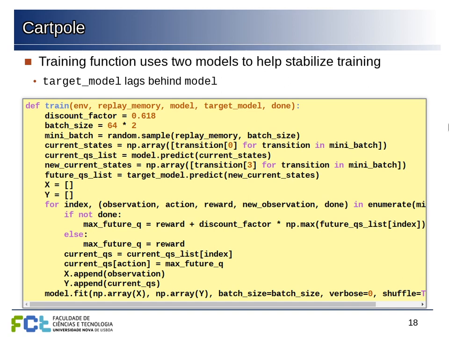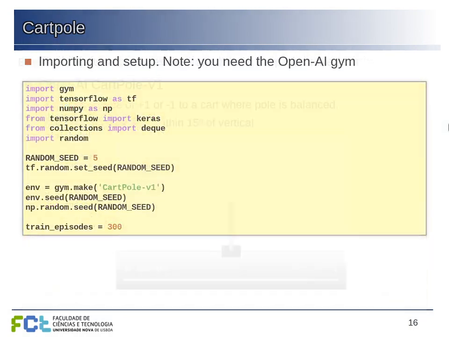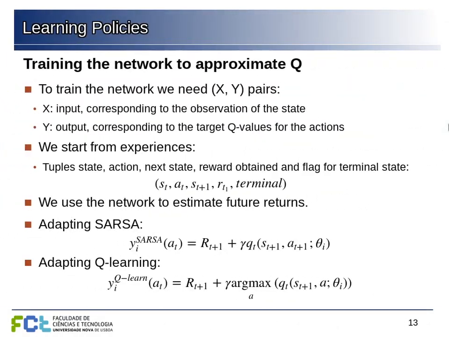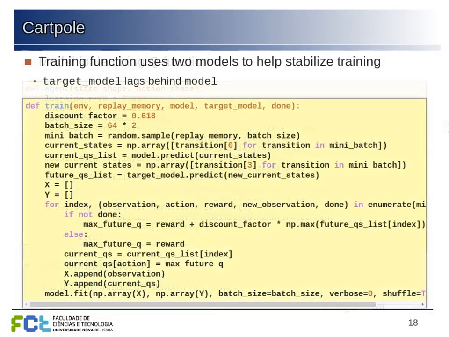Remember that this memory is a set of tuples like this: the state, the action, the next state, the reward, and whether or not it's terminal. So we can create a list of states for this batch by looking at the first item of each tuple, and the next states by looking at the fourth item of the tuple.